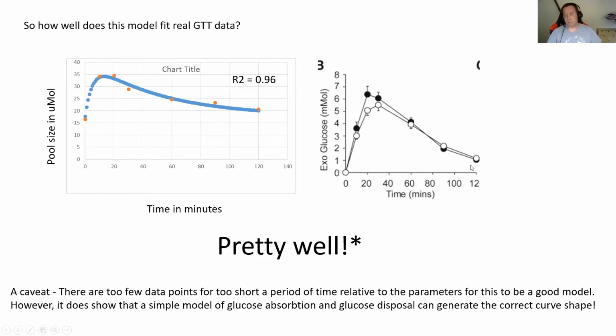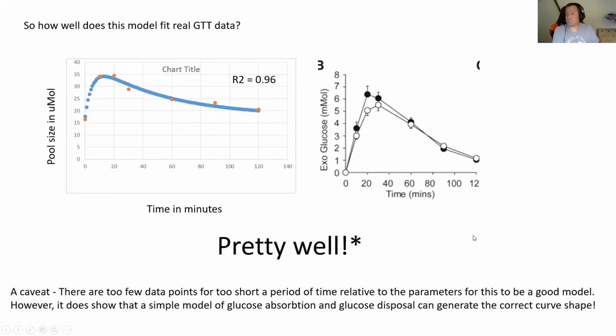So if we're still seeing exogenous, labeled glucose in our mouse at 120 minutes, still 1 millimole of it in the blood, that means there was plenty of exogenous glucose there at 110 minutes. So we would need to extend this until we get the exogenous glucose right down to baseline.